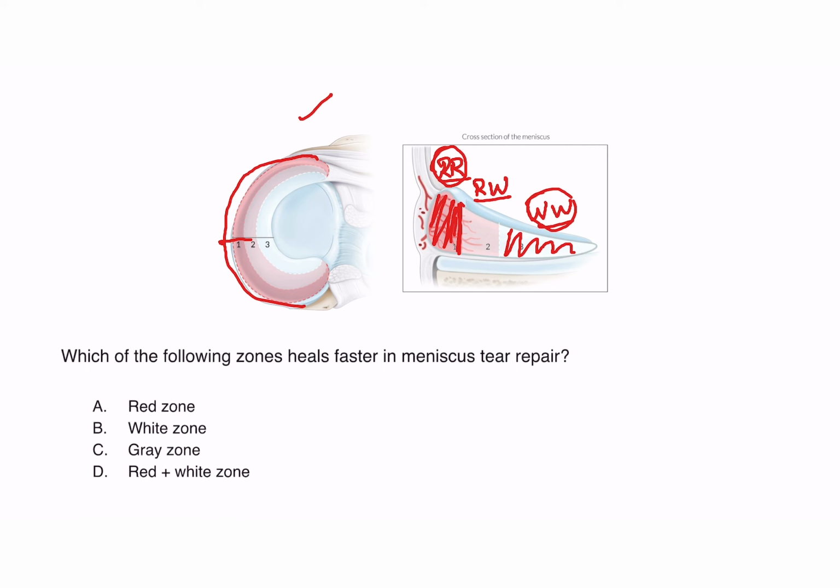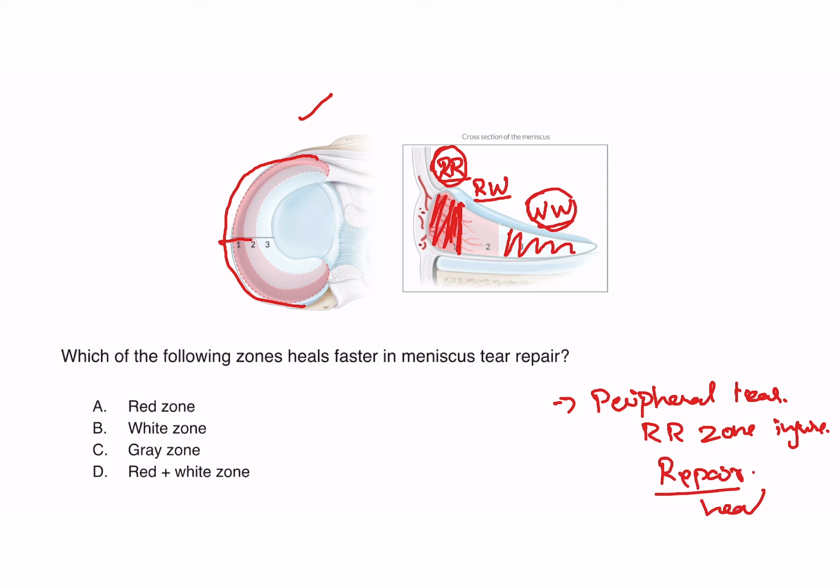So whenever there is a peripheral tear, that is a red zone injury in a meniscus, you try to repair because there is a high chance for it to heal. But if at all there is a central tear, you better debride, because the chance for it to heal is very less.